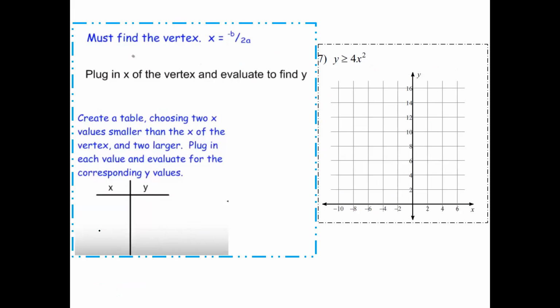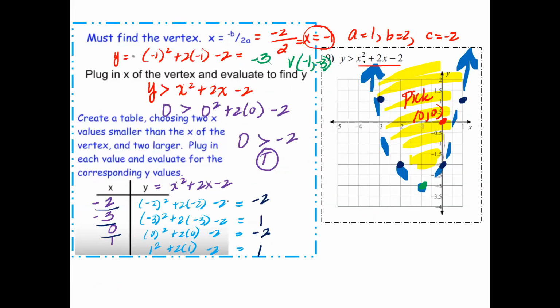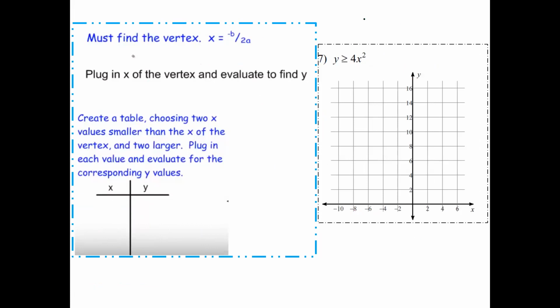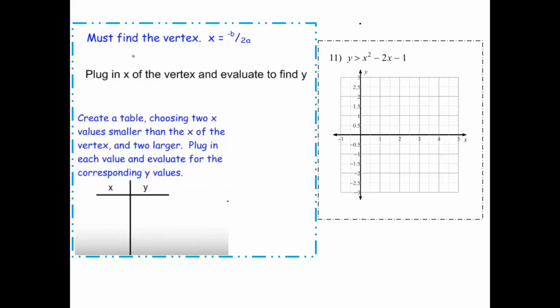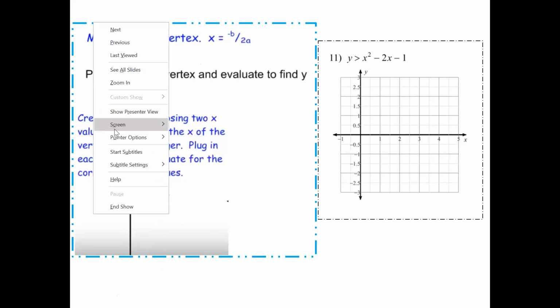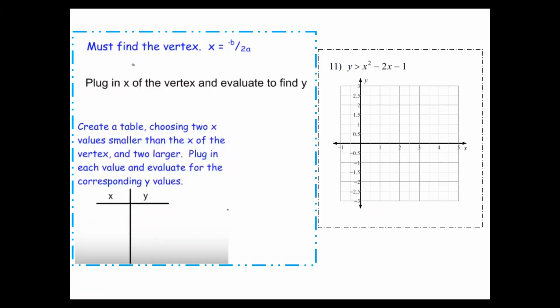Now let's take a look at this question here for number 7. Okay, for number 7, actually, you guys try number 7. YT, you try number 7. Pause the video. Okay, I'm going to skip over to number 9. So let's take a look at number 9.